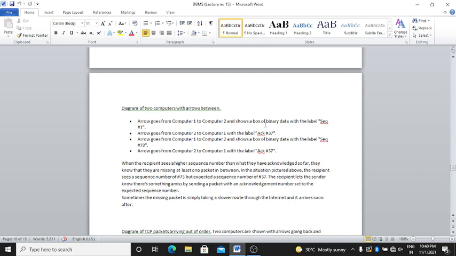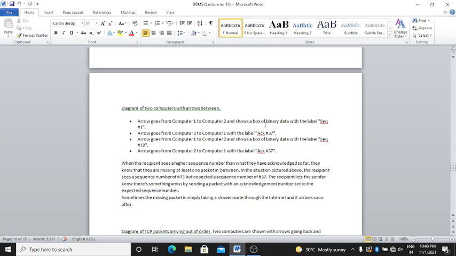When the recipient receives a higher sequence number than what they have acknowledged so far, they know that they are missing at least one packet in between. In the situation pictured above, the recipient receives a sequence number of 73 but expected a sequence number of 37.